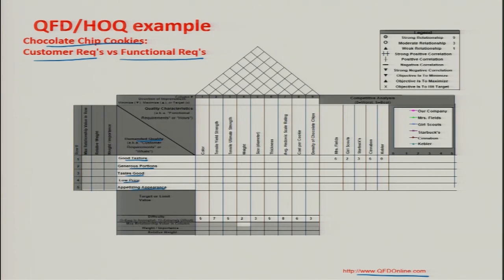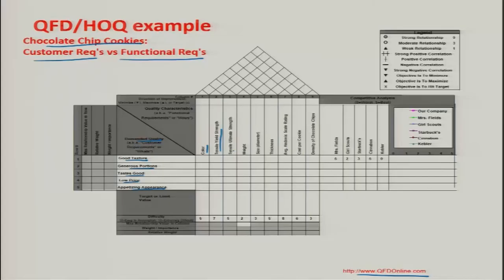These are the customer requirements that are taken, and the functional requirements can be the color that has to be given to the cookies, the tensile yield strength, because biscuits are to be tested and we need to see whether they are crispy or not. So, tensile strength is an engineering characteristic here.